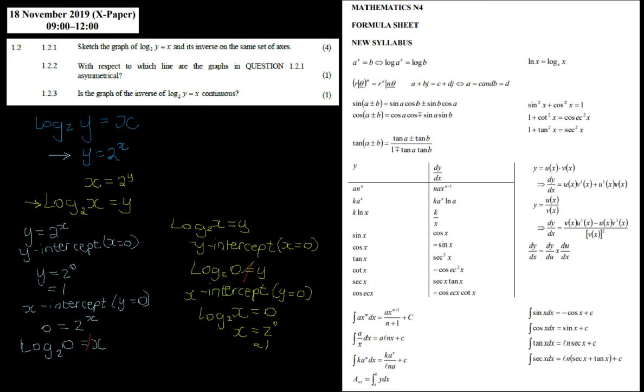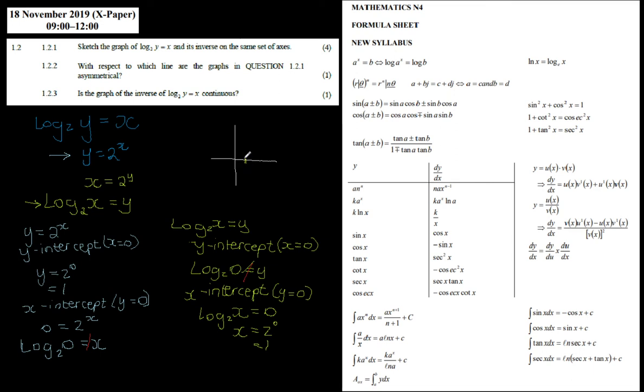So I know that if I draw my axis for my graph, just sketch a rough axis in there, I know that my green graph is not going to cut my y-axis, but it is going to cut the x-axis at 1.